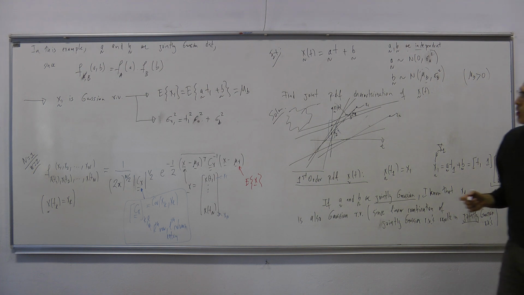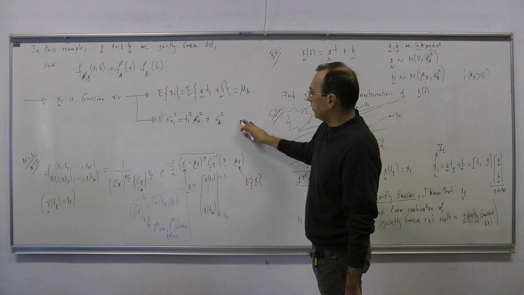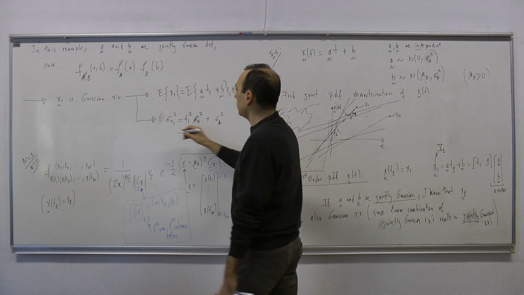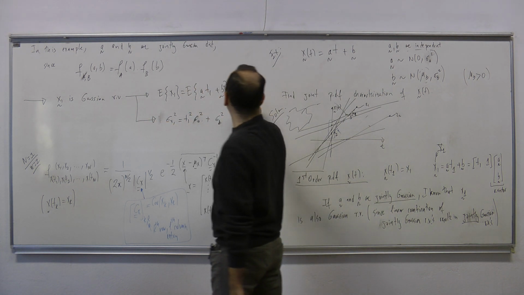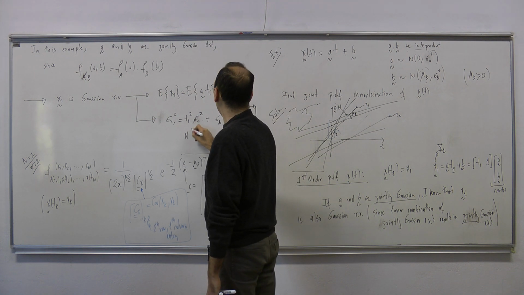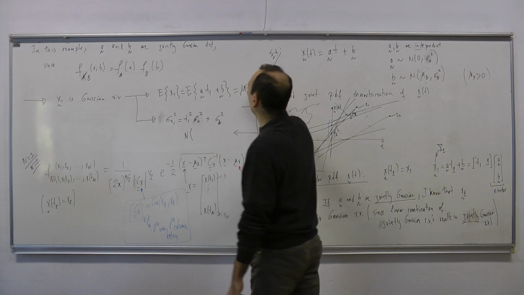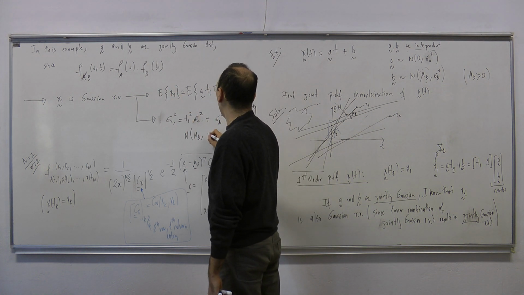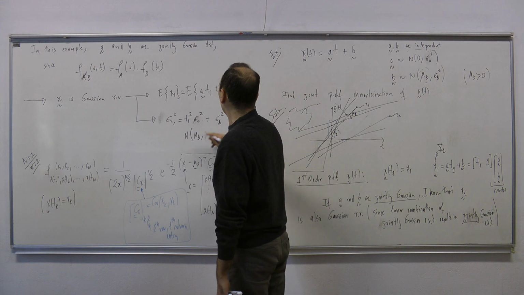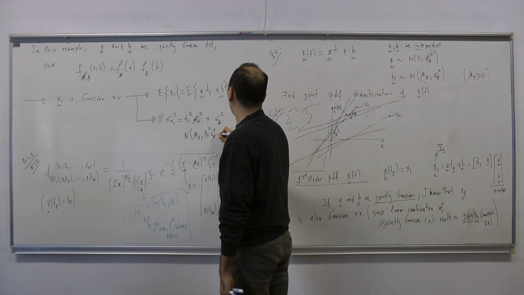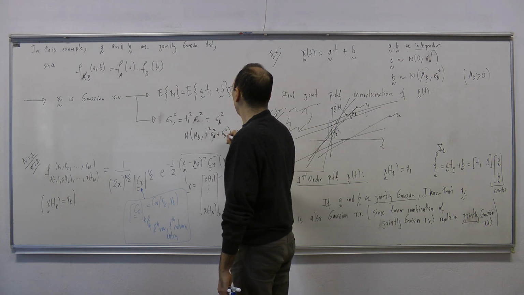Okay, so are we done? We are done. So we see that x1 is normal with mean mu B and variance T1 square sigma A square plus sigma B square.